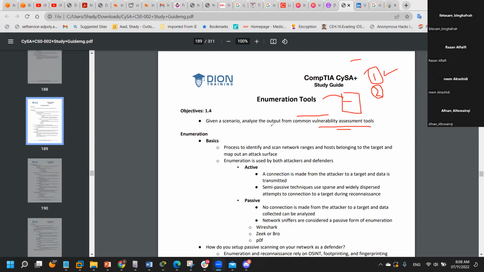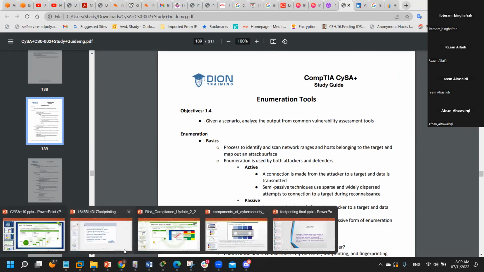So without further ado, I'm not going to talk about enumeration and how enumeration is done, or what footprinting is, because Abir will be covering this. But where is the idea of footprinting coming from? We will cover it in very deep detail, inshallah, when we finish this course and start the penetration testing course.